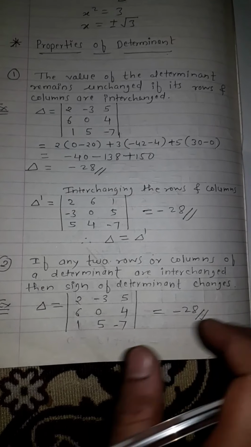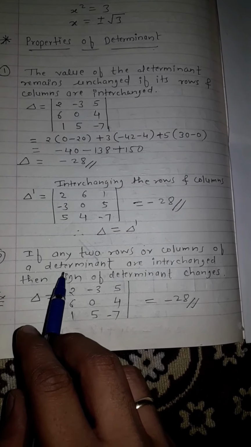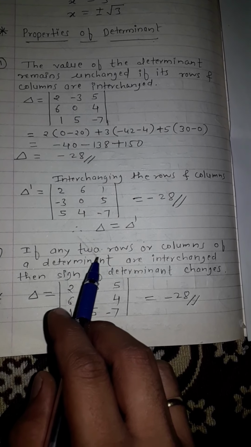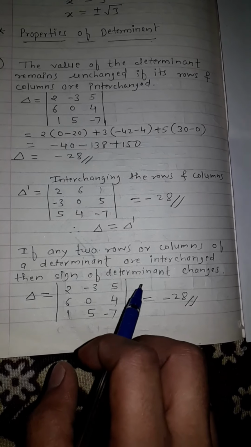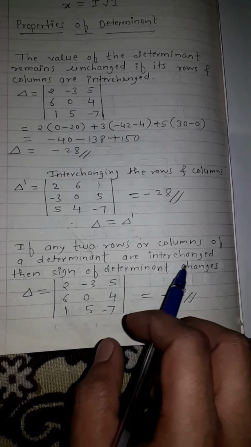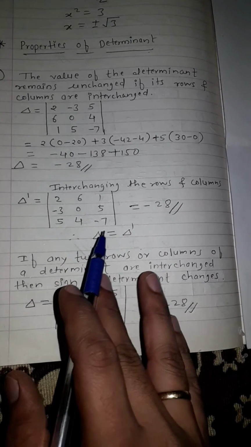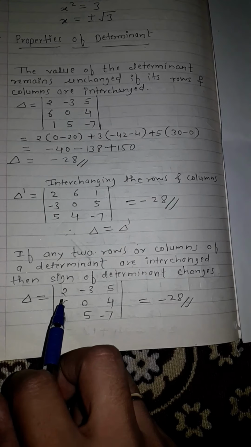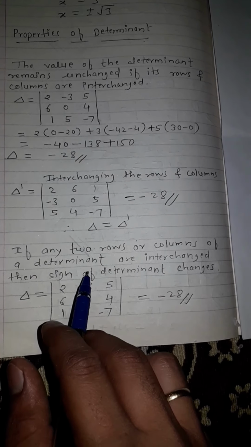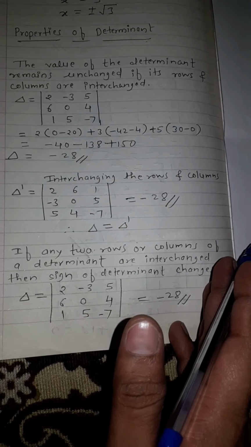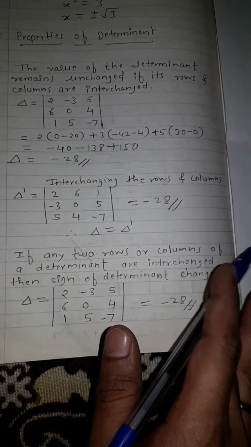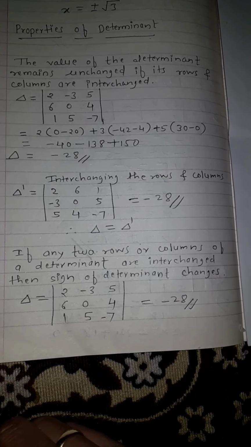Second property: if any 2 rows or columns of a determinant are interchanged, then the sign of the determinant changes. In the first property all the rows and columns were interchanged, but in the second property any 2 rows or 2 columns are interchanged, and then the value of the determinant changes its sign.